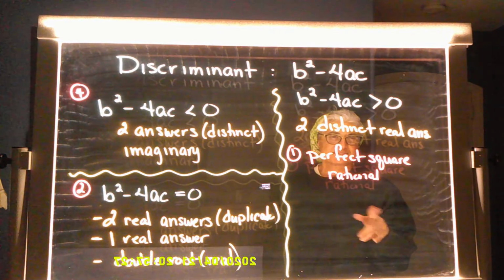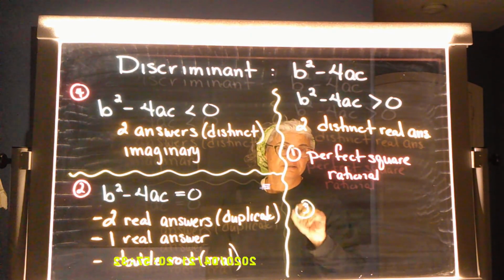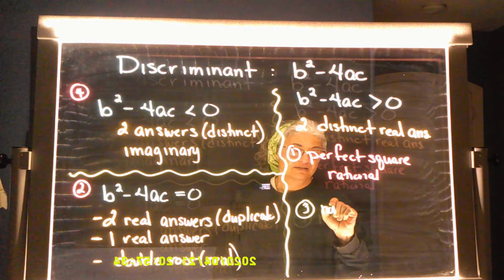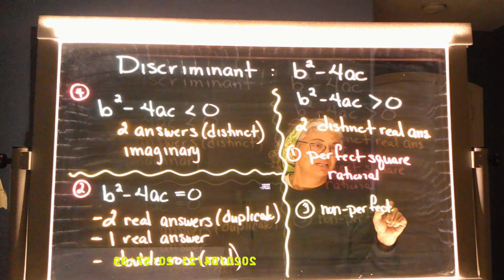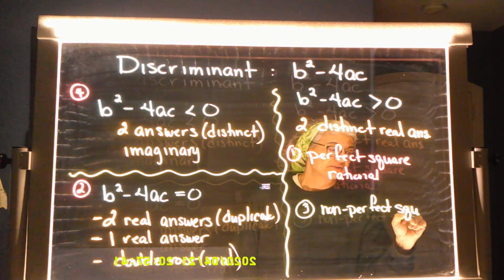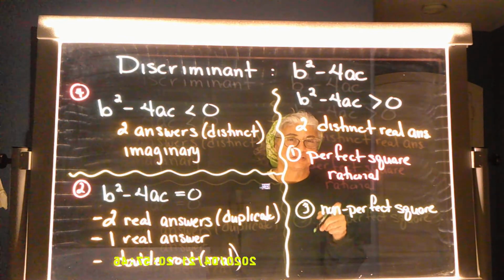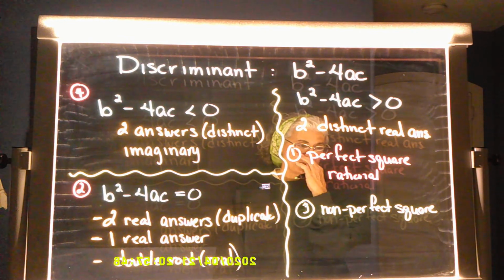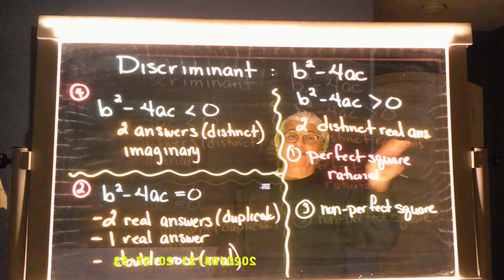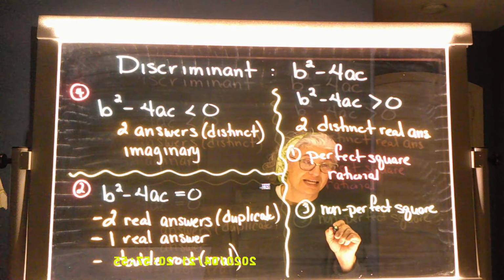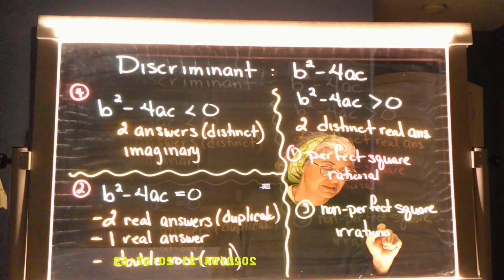That's the one where we got the square root of 41, wasn't it? It was a non-perfect square. Because it wasn't perfect, it's still two distinct real answers, but they will now be considered irrational answers.